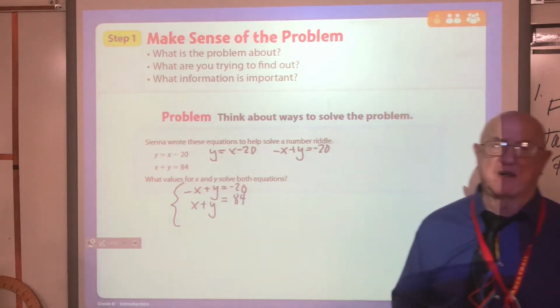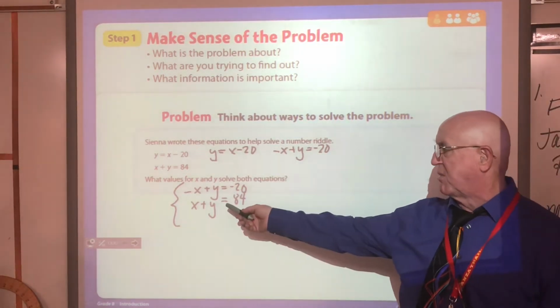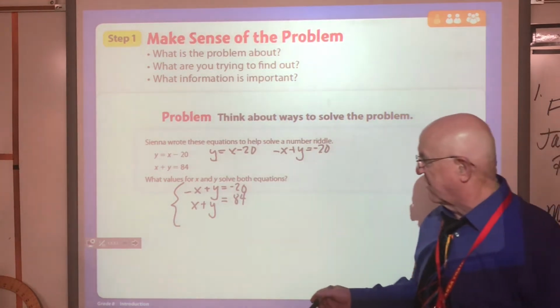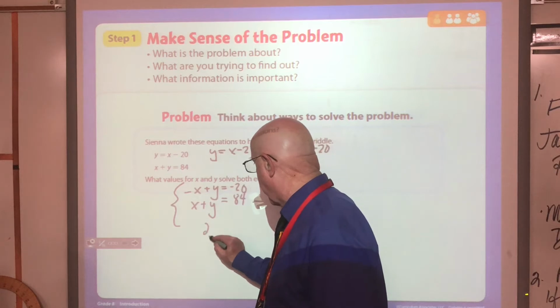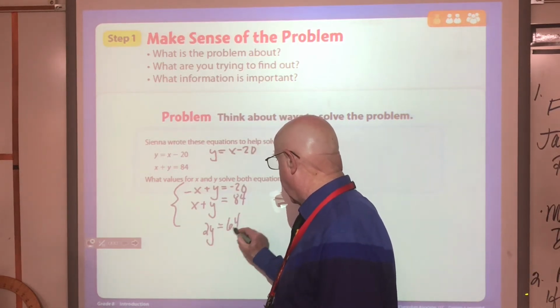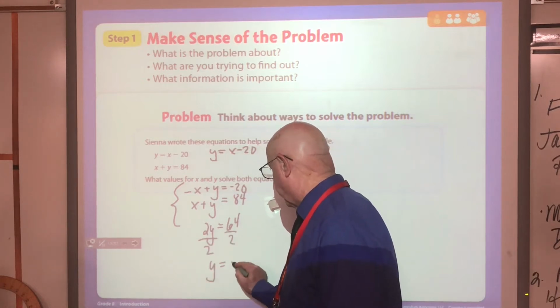Now, as soon as I do that, I see I have a negative x and a positive x. So I'm going to eliminate the x's and solve for y. In this case, that gives me 2y is equal to 64. And if I divide by 2, I get y is equal to 32.